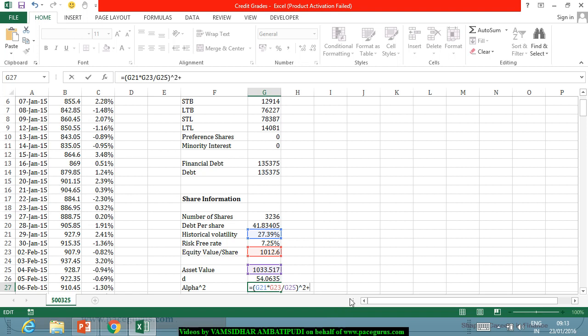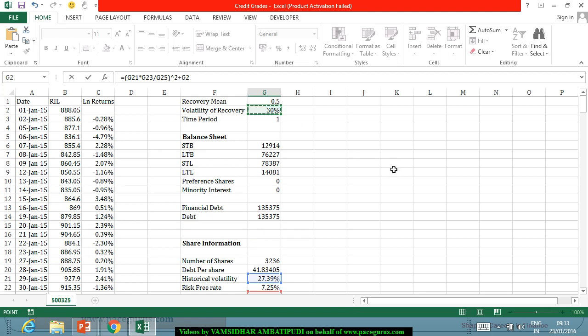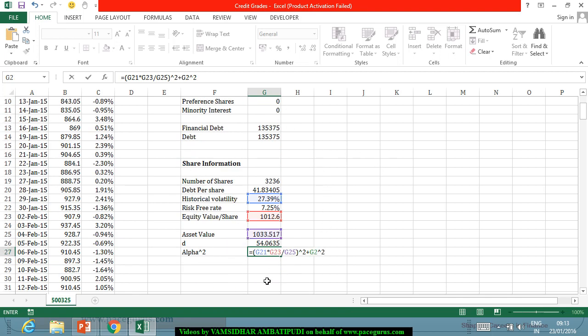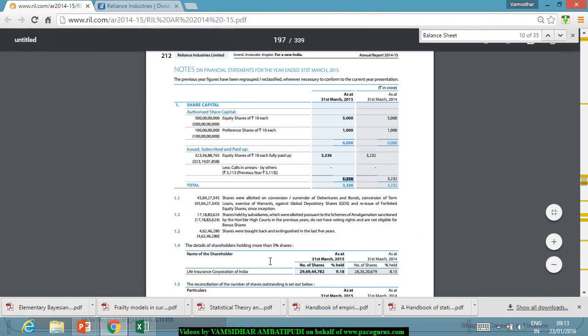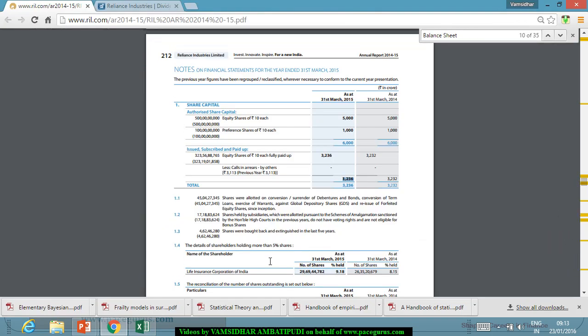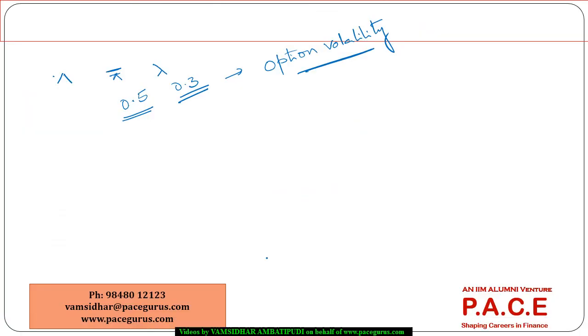Along with that, I'm also adding the volatility of this. So basically, if this is not volatile, my alpha squared is exactly going with this formula. If you look at it like this, let me put it here.